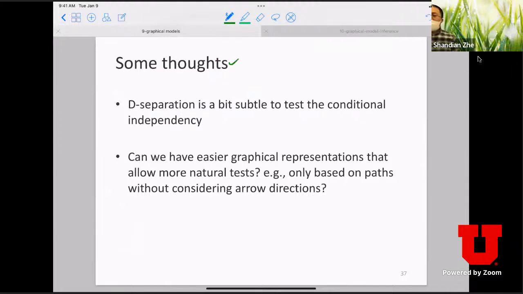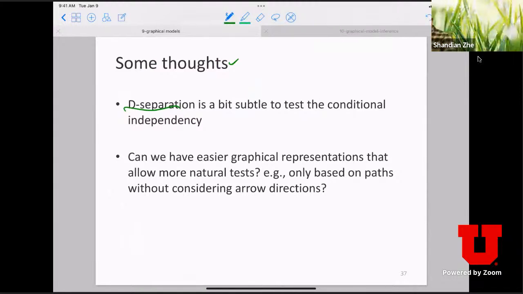So now we have given a general introduction of the Bayesian network definition, the basic properties, and also how we examine conditional independence with the three basic structures, which is called D-separation. This separation is a bit subtle to test conditional dependency, because for the three basic structures, head-to-head has an opposite conclusion to the other two, tail-to-tail and head-to-tail.